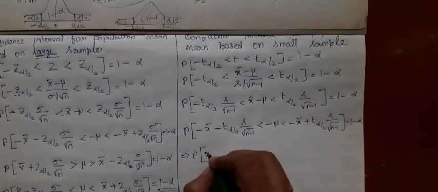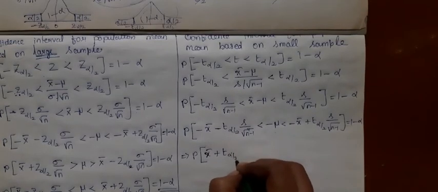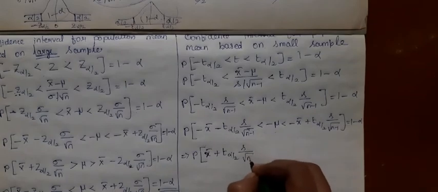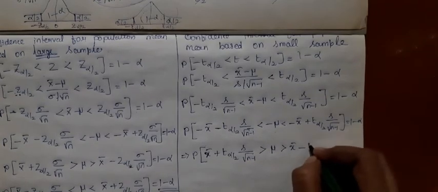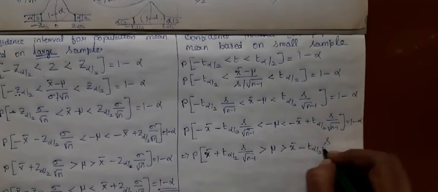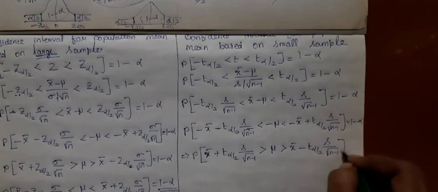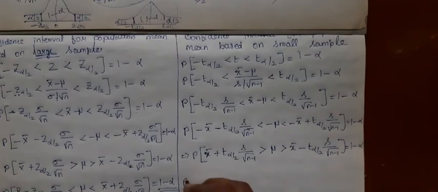If you multiply by minus 1, the direction of the inequality changes. Now reverse the inequality. Write this first.